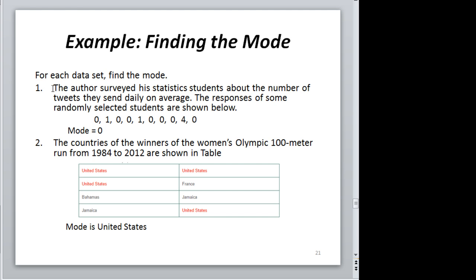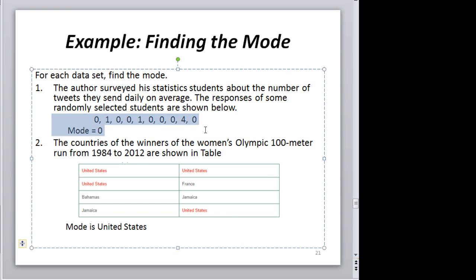Okay, for example, something like this. Let's consider this first data point. Now, look at this data point. Which one is the most frequent one? Well, you can see right away, 0 has the most occurrence. Then mode is going to be 0.